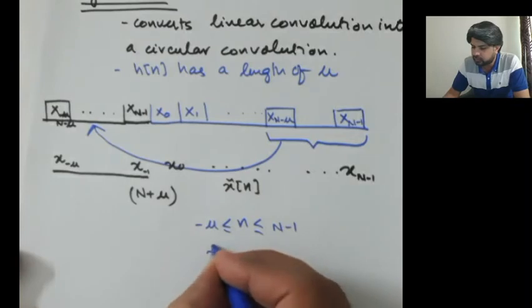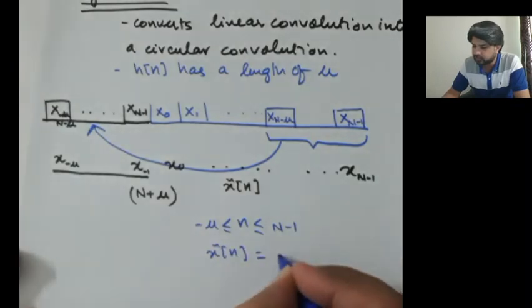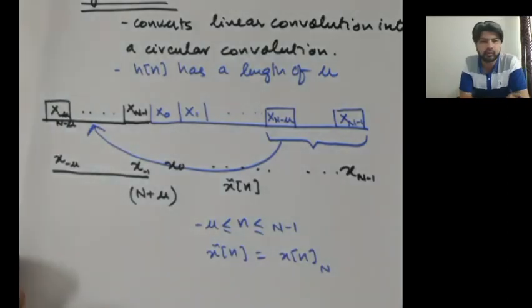So this x tilde of n is nothing but x of n modulo N, right? For the range when n is between minus mu and capital N minus 1.